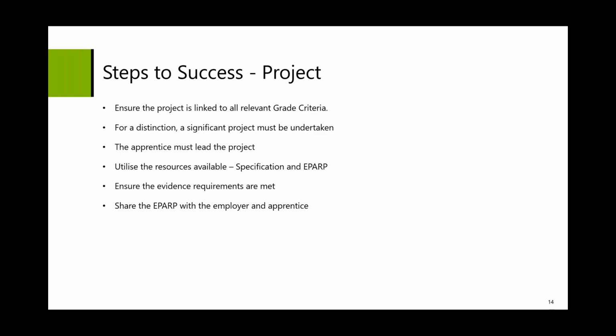The resource pack is written in a way that is apprentice and employer friendly, has checklists for the apprentice to tick off when they believe they've achieved something, and has grade criteria and evidence requirements clearly stating what they must achieve to meet those grade criteria. So the EPAPs have been written in a way that the apprentice and employer can understand, so the employer can also support the apprentice.